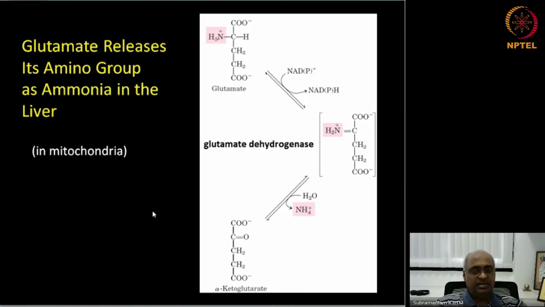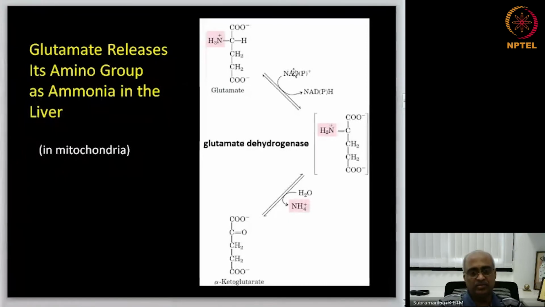Now we already saw that glutamate releases its amino group as ammonia in the liver, regenerating alpha-ketoglutarate to go with that cycle, and that is catalyzed by the glutamate dehydrogenase enzyme. So this is essentially an oxidation reaction. In the process, NAD or NADP, depending on what is available, depending on whose level is at the right optimum concentration, one of these oxidized versions gets reduced.